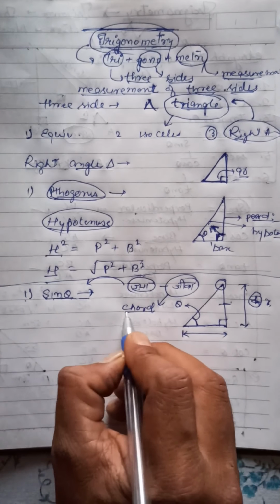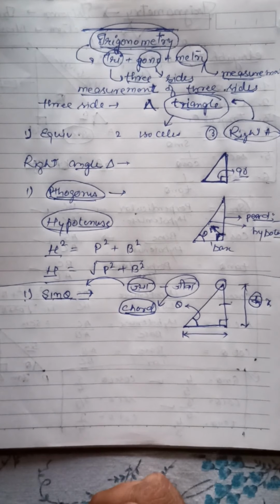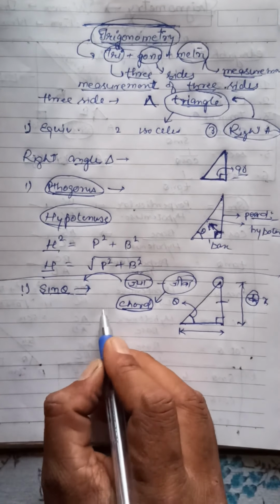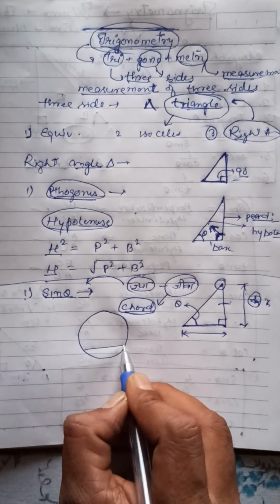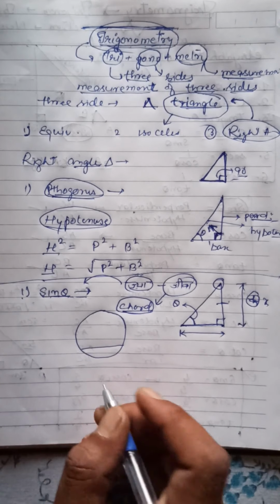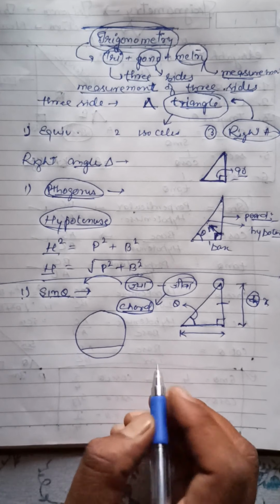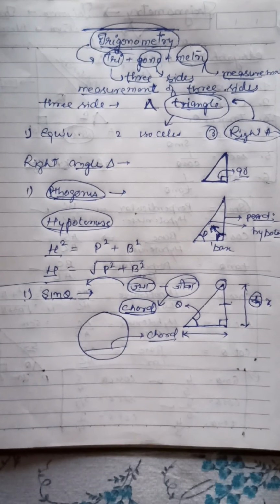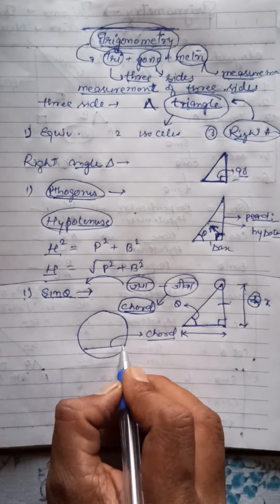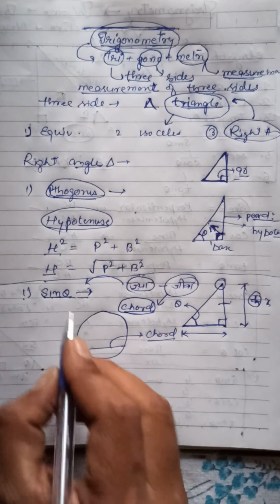I hope you remember the chord. You have studied the chord in 8th and 9th class. What is a chord? If we have a circle and we join two points of the circle, that is called a chord.